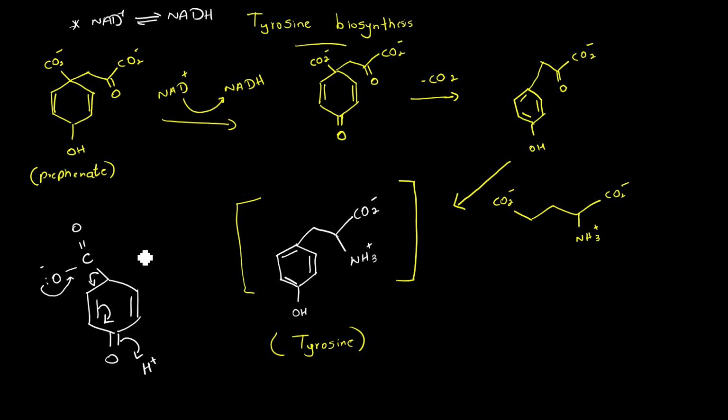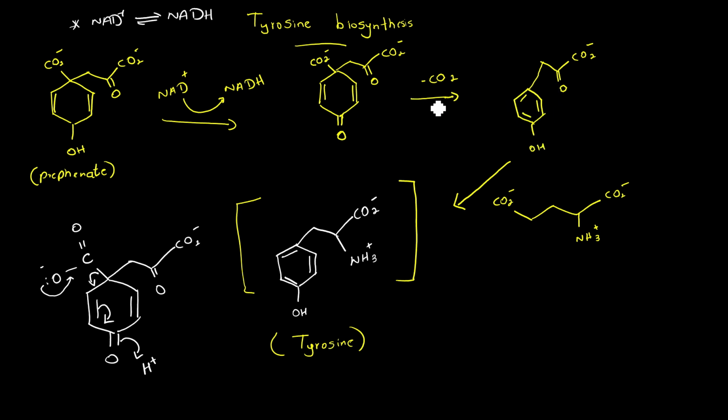The other part is the same, nothing changes. So you can see the carbon and oxygen leaving from our main molecule, which means carbon dioxide is leaving. And you can see this carbonyl group is converted back into a hydroxyl group, but the aromatic ring is formed in the middle.